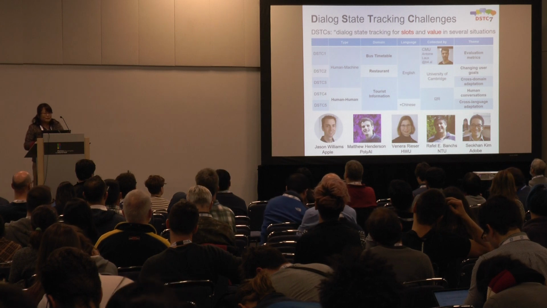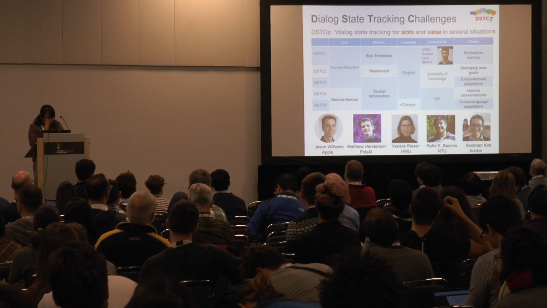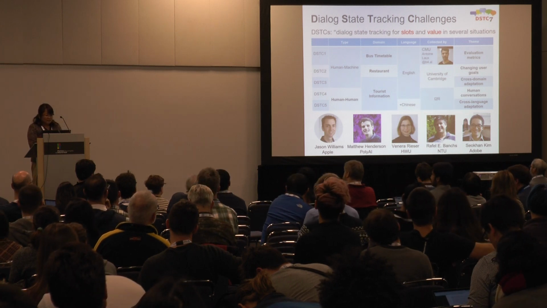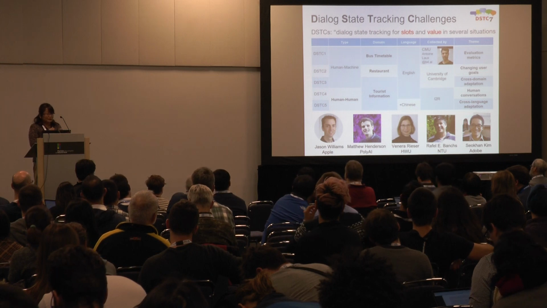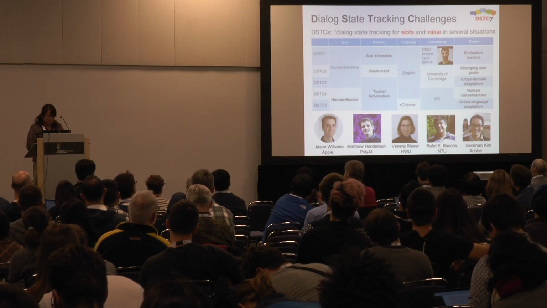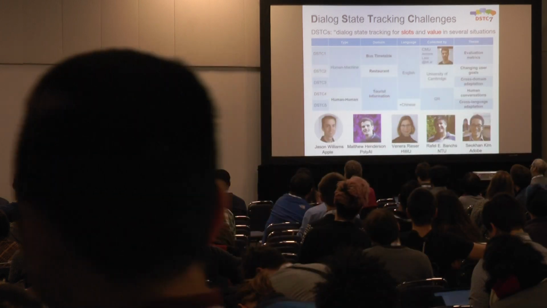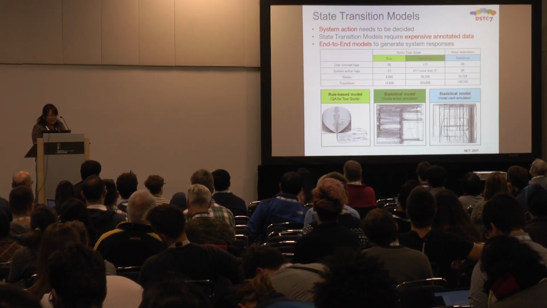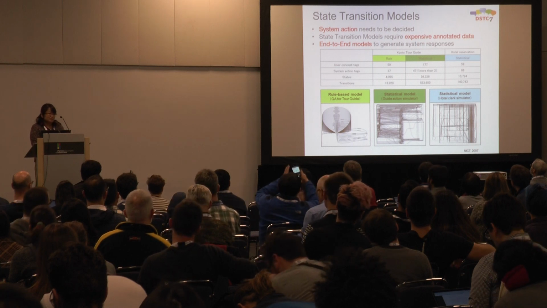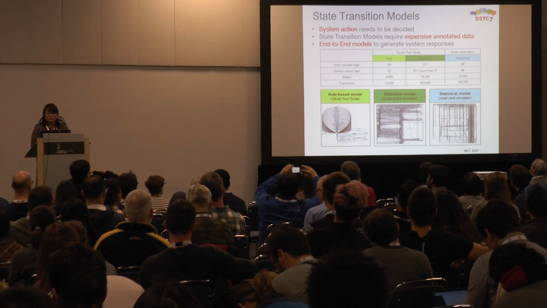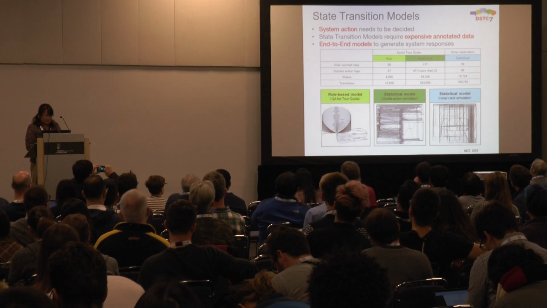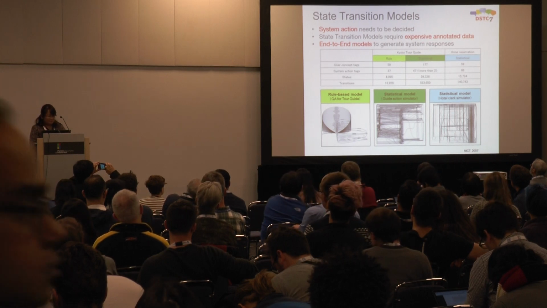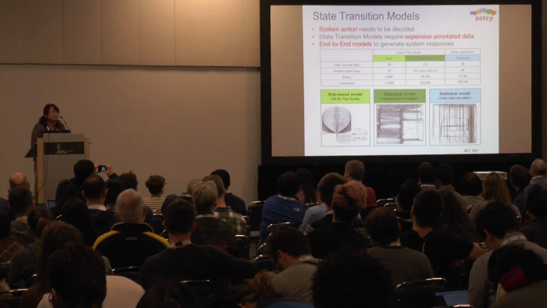Gradually, we extended the target, but this dialogue state tracking challenge is actually to predict the slot type and the slot value. And then we would like to predict the system actions. Of course, state transition models are promising. POMDP was proposed by Jason, and everything drastically changed. But the most difficult part is that it is very expensive.